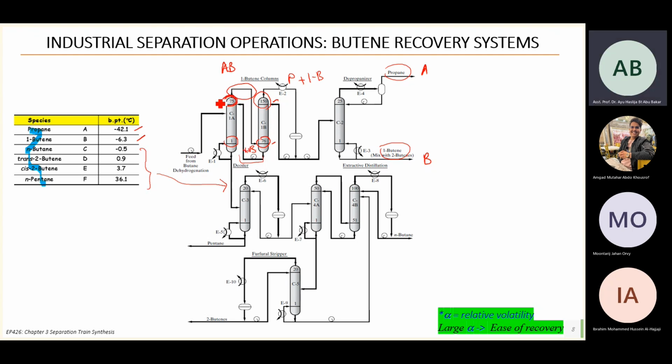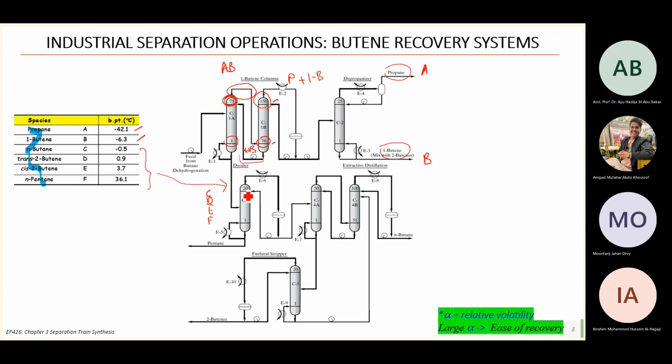On the first column over here, it separates AB and here is C, D, E, and F. Okay, settle on AB. Now, to separate these four components, go to the next separation unit.